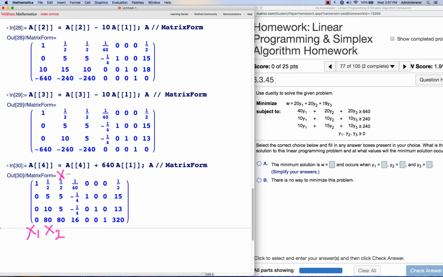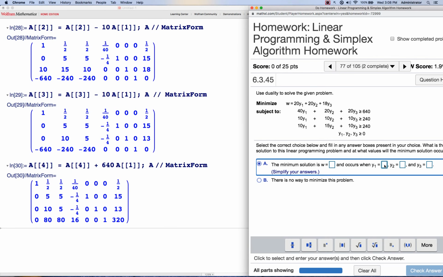This is your x3 column. And then you have these three slack variables, but those correspond to the decision variables of the original minimization problem. That would be y1, y2, and y3. Okay, and the way to check is, well, if y1 is 16, and if y2 is 0 and y3 is 0, w should be 320.